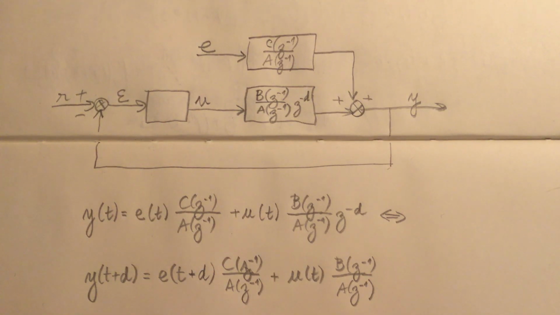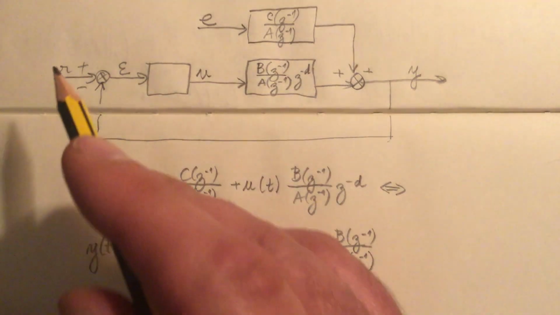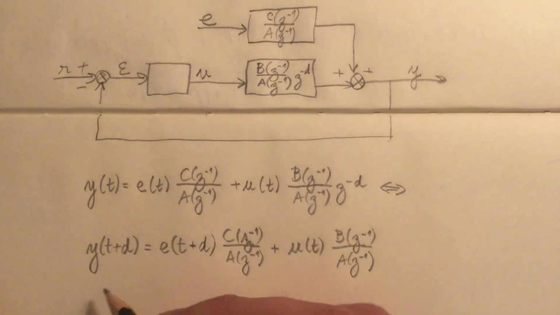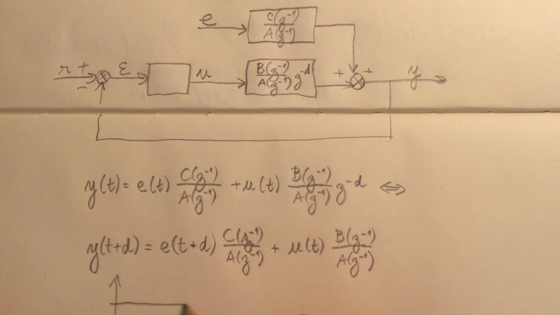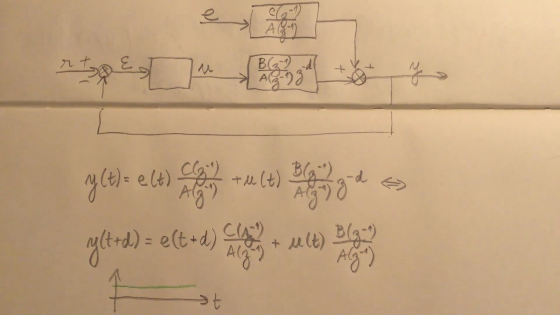We will now consider two separate cases. In the first case, this reference is constant. If the reference is constant with time, we can assume without loss of generality that it is in fact 0.